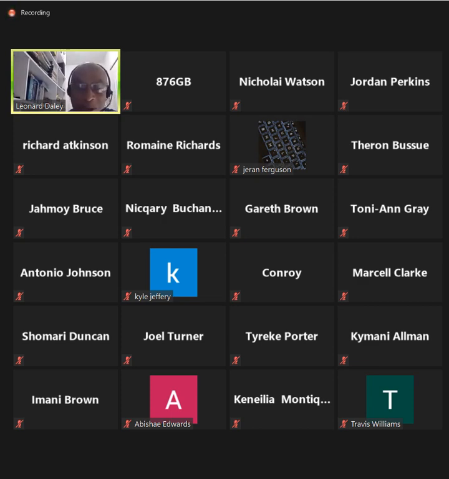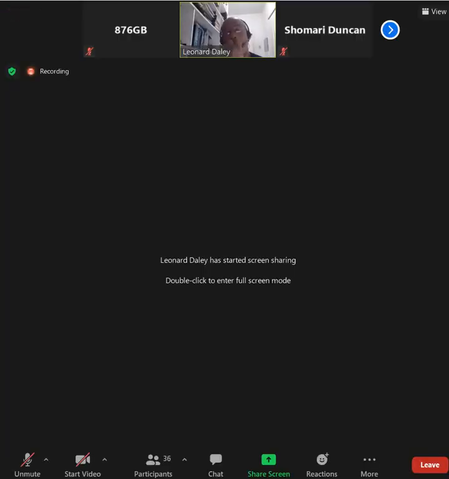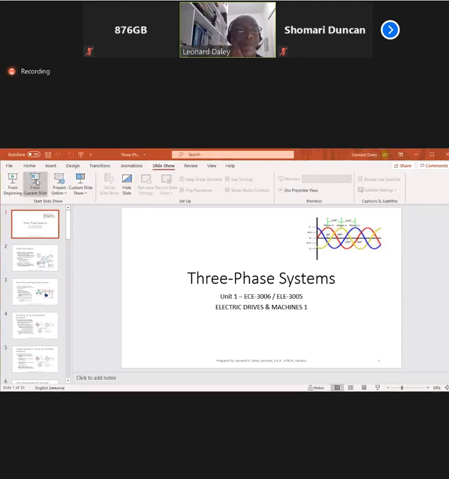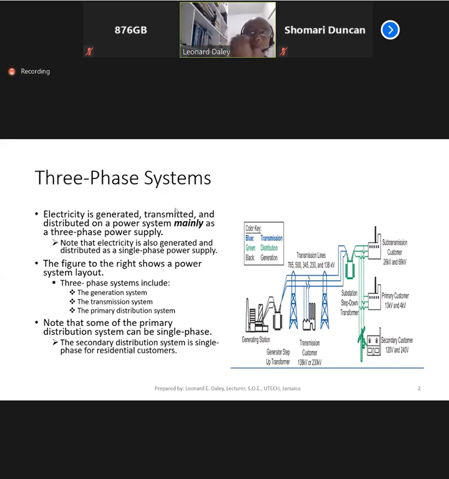All right, so let me bring back up my screen. On the right of this slide, you will see what is called a power system layout. A power system consists of generating systems, transmission systems, and distribution systems.